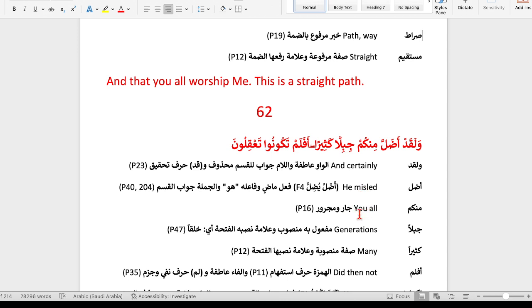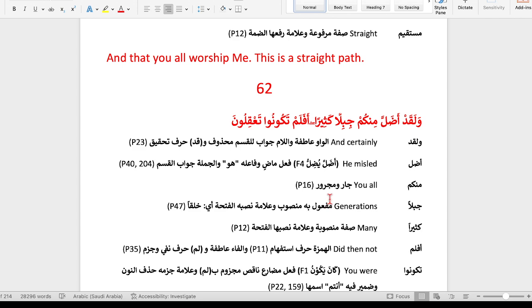Minkum, you all. Jarun wa majrurun, min harf of jar, kum isam majrur. Jibillan means like generations. So this azalla is the fail, and this is maf'ul. That is why it is mansoob. I think something is missing, so if I make it smaller.